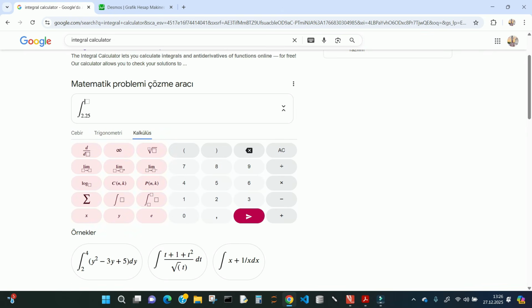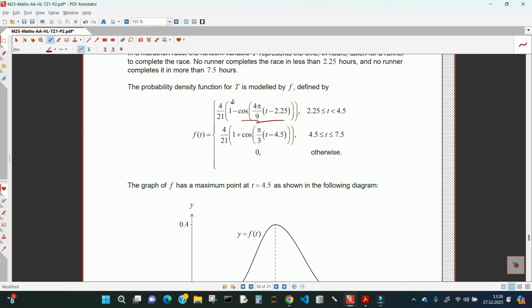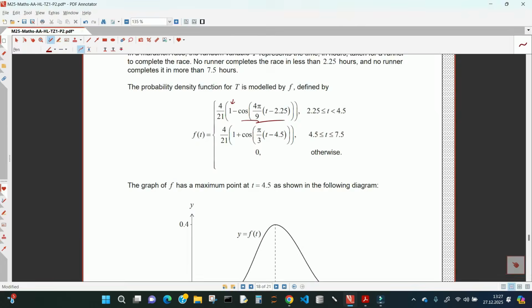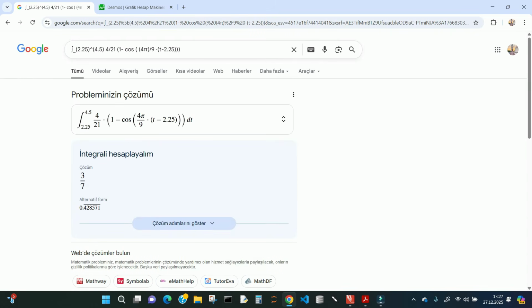I don't know the median yet, but I will write the upper limit as 4.5, and our function is again 4 over 21 in parentheses 1 minus cosine in parentheses 4 pi over 9 times t minus 2.25. For example, the answer of this integral is 3 over 7.